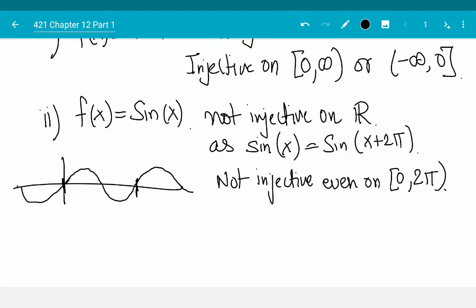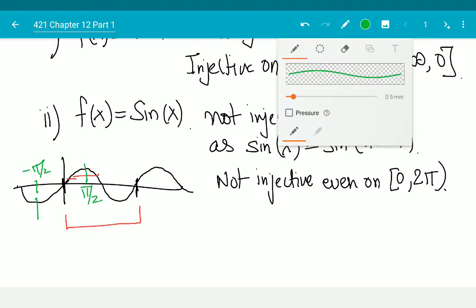Even if I restrict it to 0 to 2 pi, if I restrict it on this interval, it's still not 1-1 because, for example, these two points have the same value, right? However, if I do restrict it to this interval, which is negative pi over 2 to pi over 2, then it is injective.